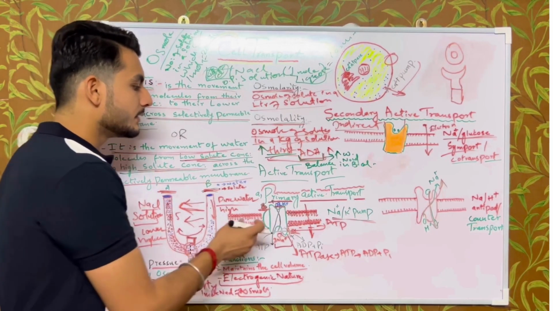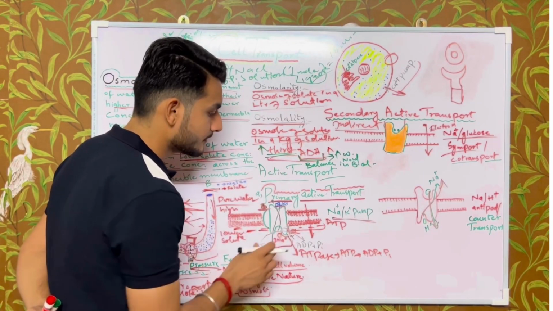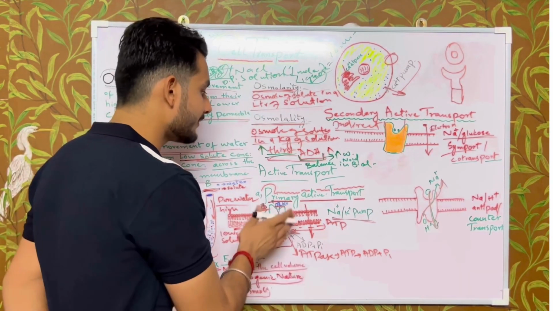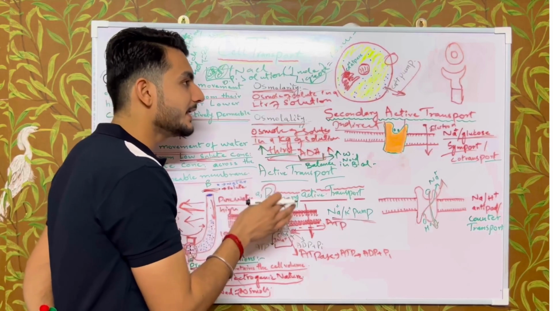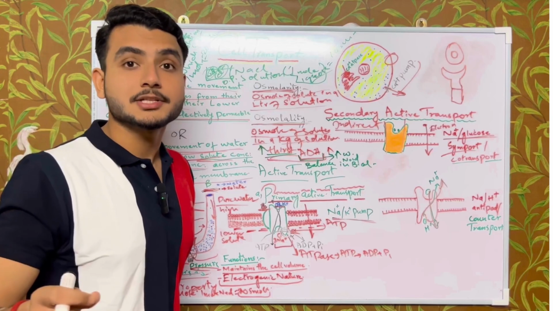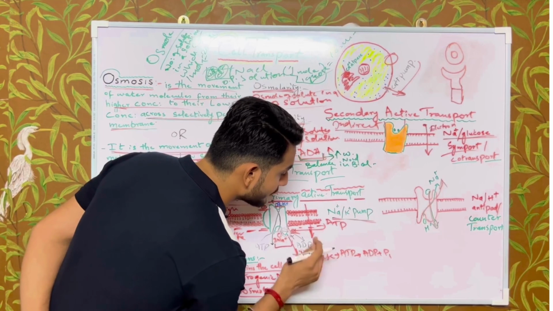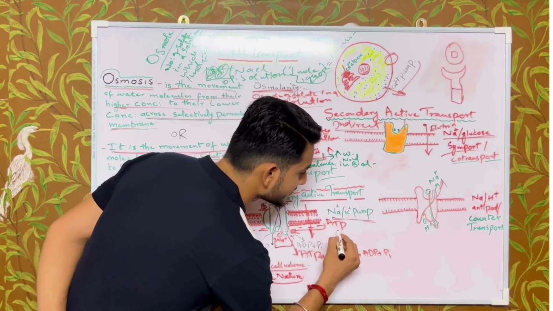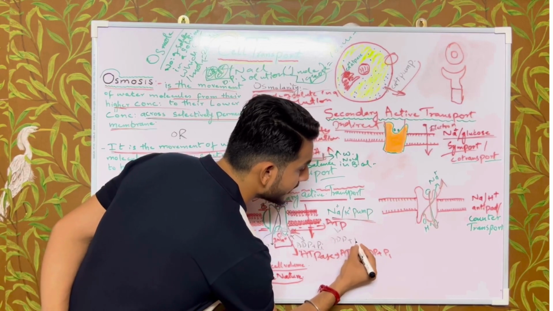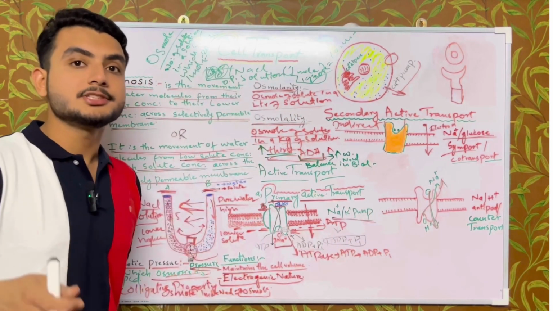You must remember, as soon as the binding sites bind with their respective ions, the ATPase is activated, which causes the cleavage of ATP into ADP plus inorganic phosphate, and an amount of energy is released.